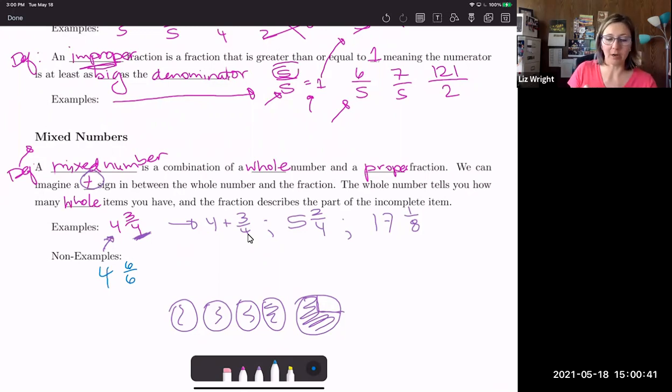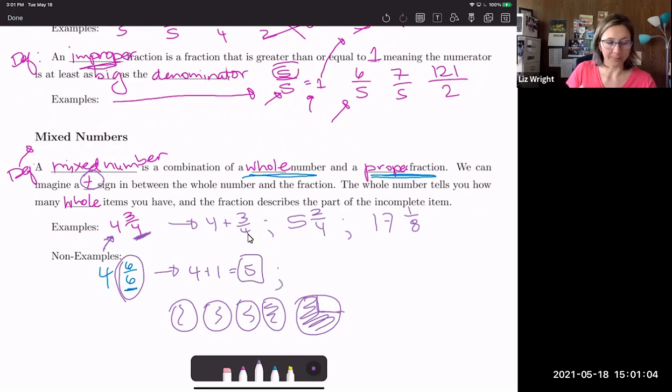A mixed number is a combination of a whole number and a proper fraction. Is this a proper fraction? Is it less than 1? No. Therefore, this is the part that breaks the rule. We would rewrite this as 4 plus 1, which gives me 5. 5 whole pieces, 5 whole units.